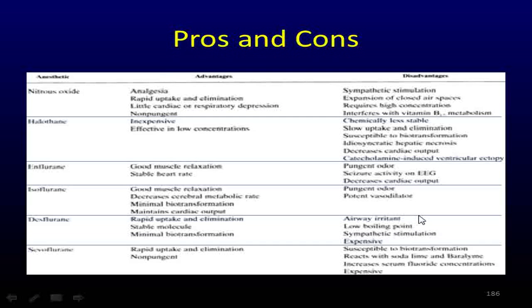Compound A. So compound A is a product of the interaction between the CO2 absorber and the sevoflurane. So how do you compensate knowing that sevo is going to interact with the CO2 absorber? Keep your flows above 2 liters per minute, or if you keep your flows below 2 liters per minute, what rule should you stick to? Less than 2 MAC hours.